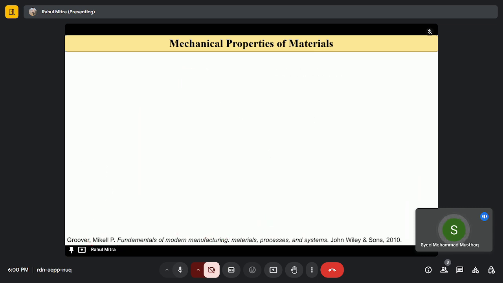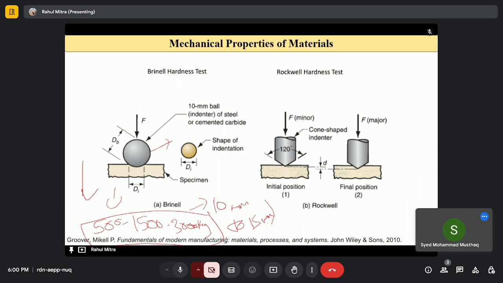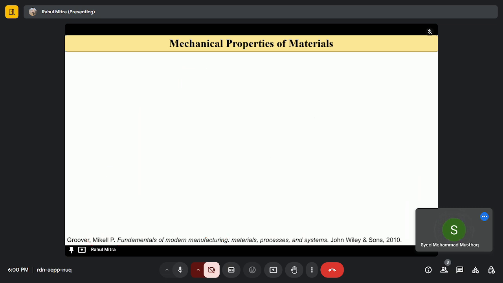We have three terms. One is the force or the load applied. The other term is the diameter of the ball, or the indenter. The third term is the diameter of the indentation. From these three terms, we obtain the Brinell hardness number of a material.